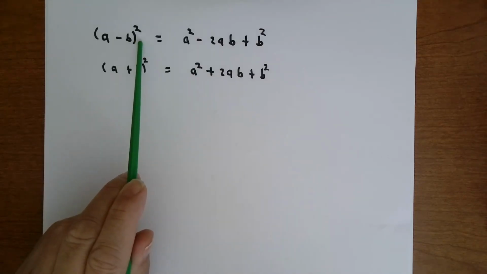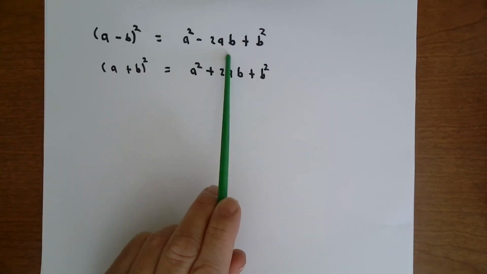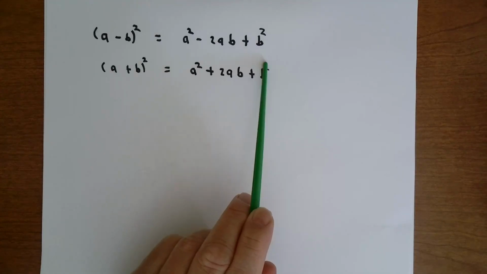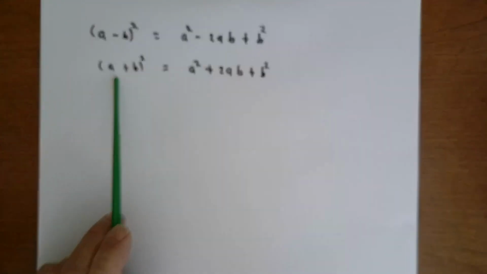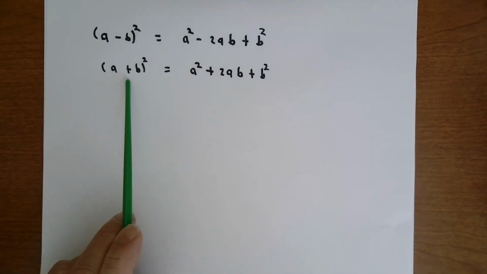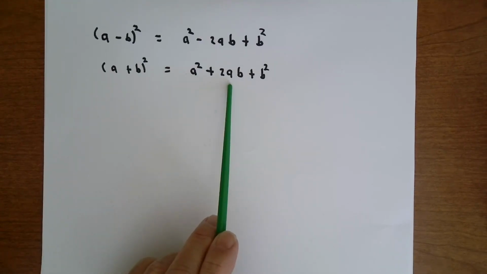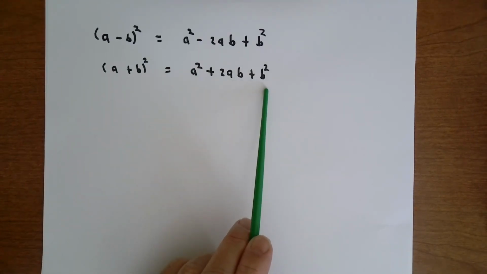We all know from algebra that that is a squared minus 2ab plus b squared. On the other hand, if I add two things together and square that, it's a squared plus 2ab plus b squared.